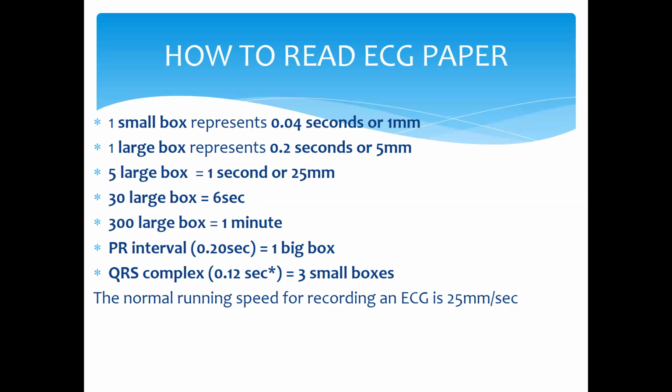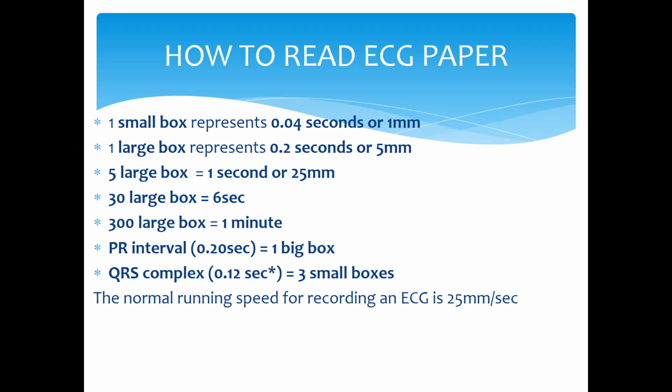So in this ECG paper, one small box represents 0.04 seconds of duration, and one small box is equal to 1 millimeter. Similarly, one large box, which is made up of five small boxes, is equal to 5 millimeters, or represents 0.2 seconds of duration.